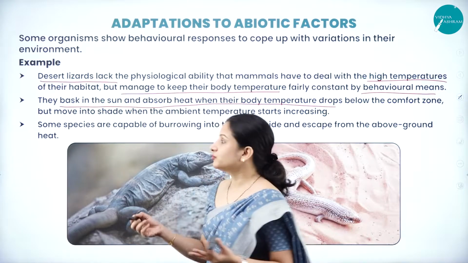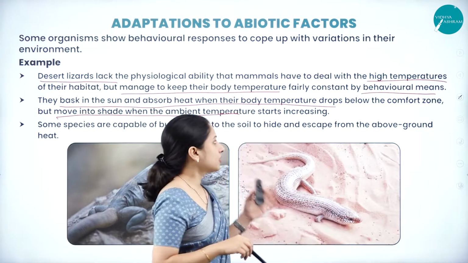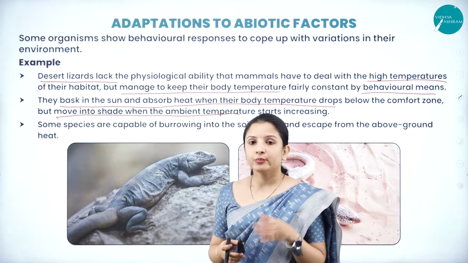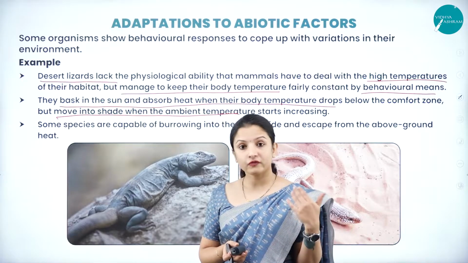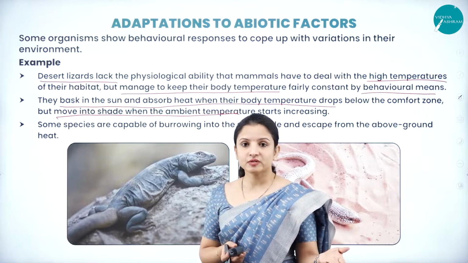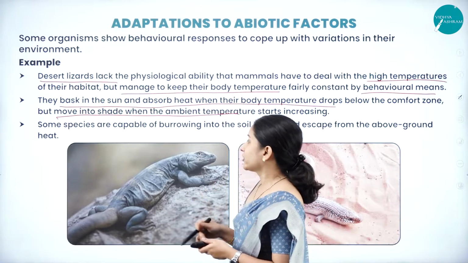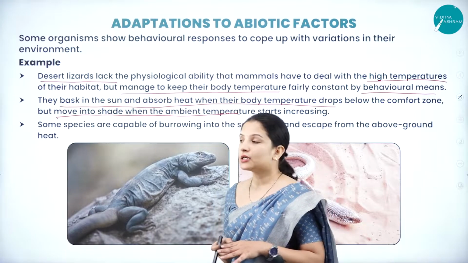That is when they move to the shade or enter into their burrow. So that is how they regulate, because they are not capable of regulating their body temperature. Like what we do if we feel cold in winters, we go out and stand in the sun, right? Just like that, these organisms also bask in the sun during cold conditions.